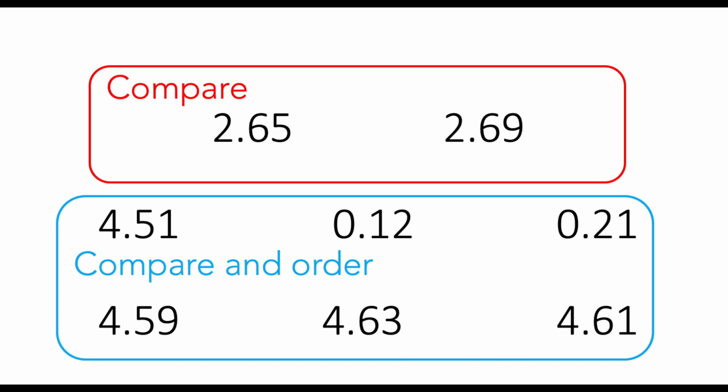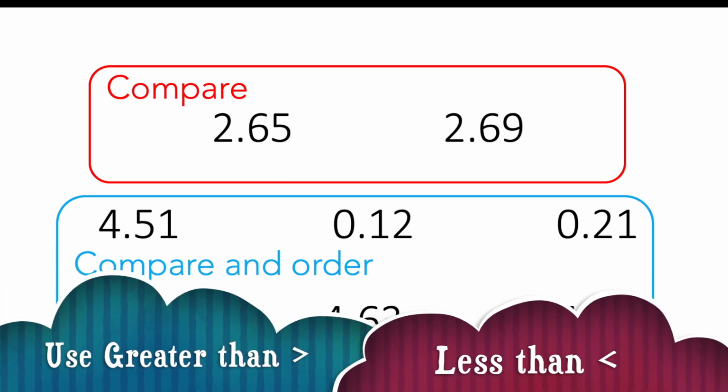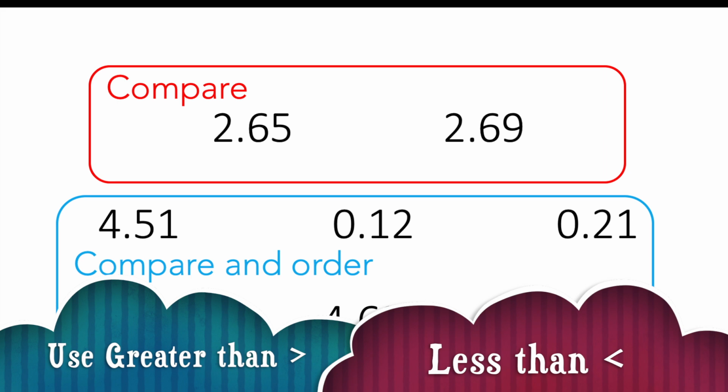Can you do some comparison with these numbers and then put them in order, ascending order again from smallest to biggest? And the final set I want you to practice with is 4.59, 4.63 and 4.61. Again, with these numbers, compare them using these symbols and then put them in order from smallest to biggest, ascending order.